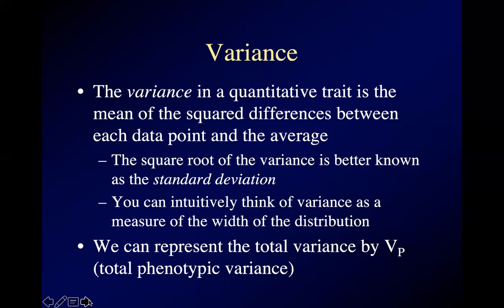You can intuitively think of variance as a measure of how wide that bell curve is. If I took the square root of the variance, I'd have the standard deviation, by the way. I know you've heard of that.